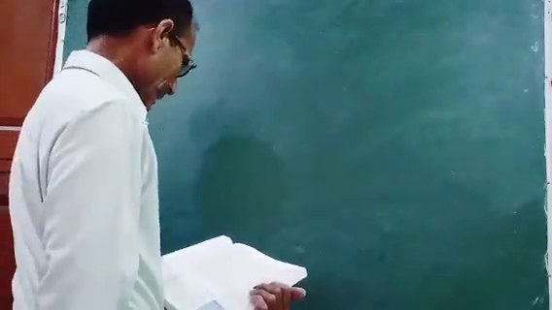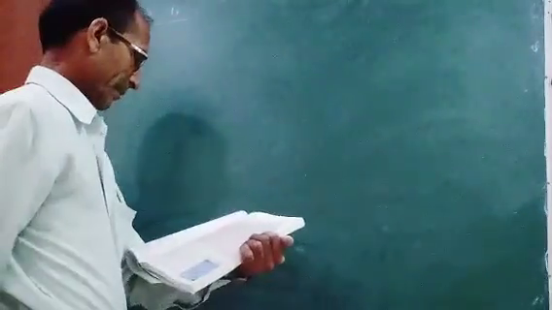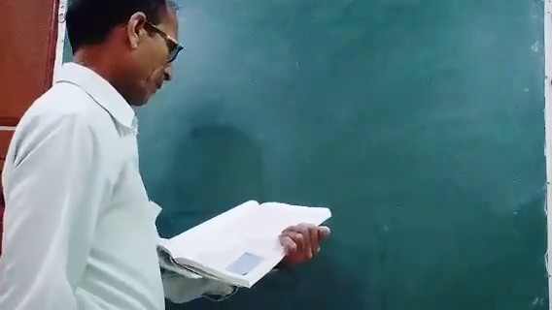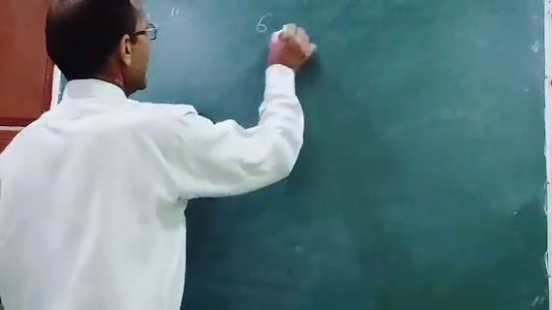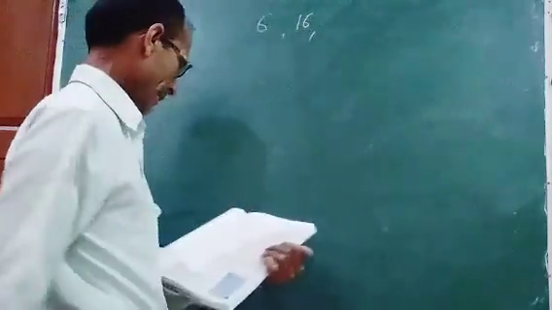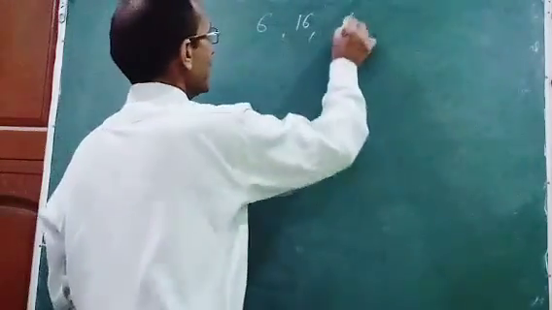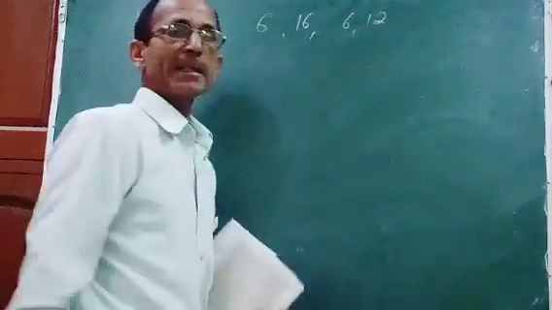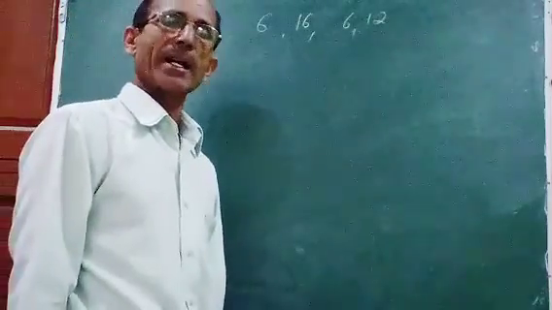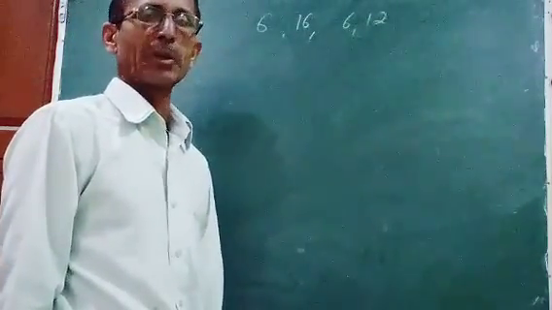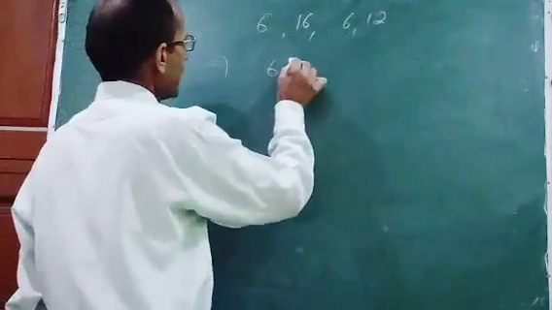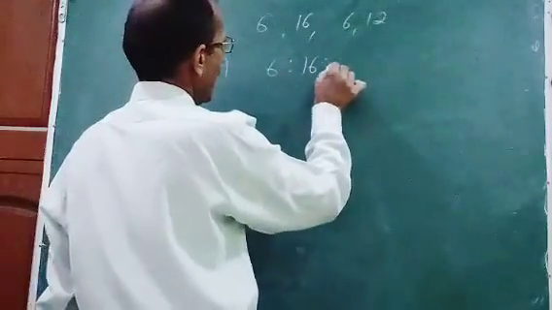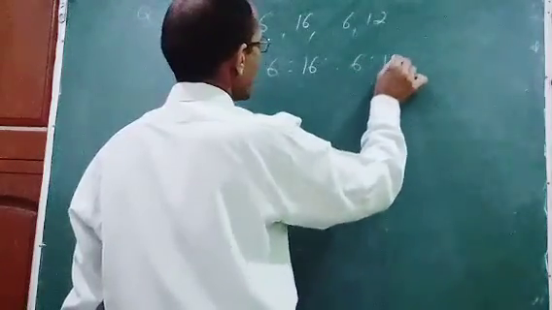Okay. Now next question. Question number 11. Which of the following are in proportion? 6, 16 and 6, 12. So students, to check whether the given terms make a proportion or not, first of all we will write in this form: 6 is to 16 as 6 is to 12.